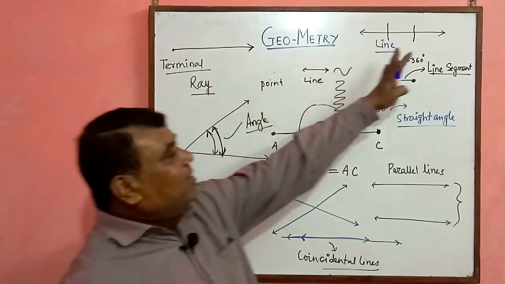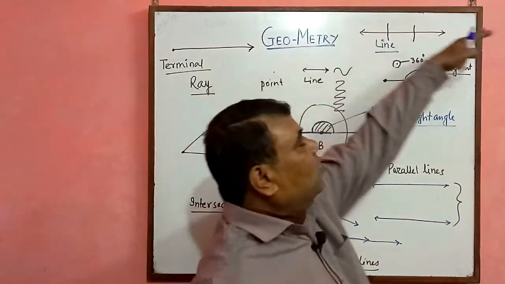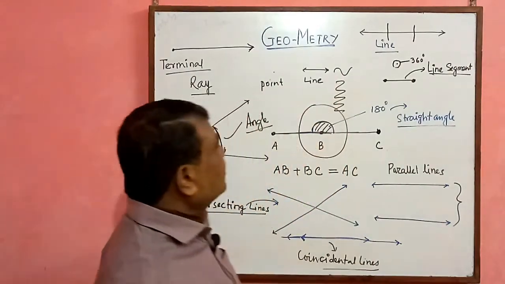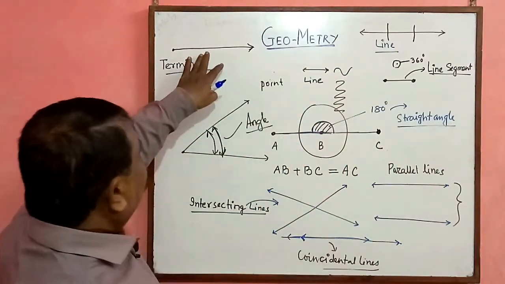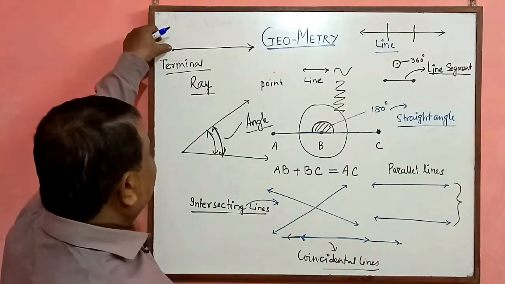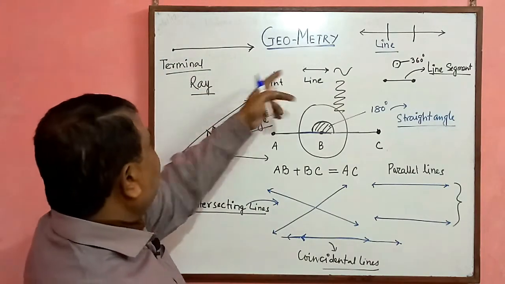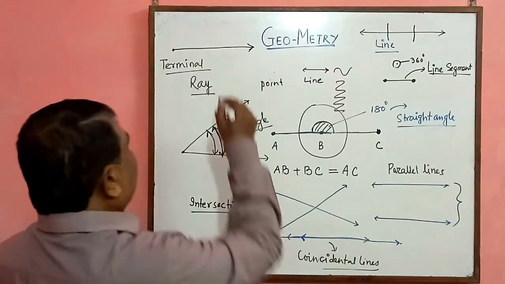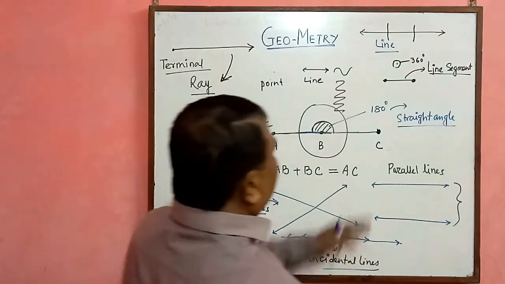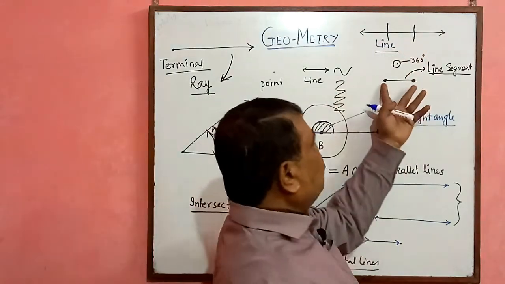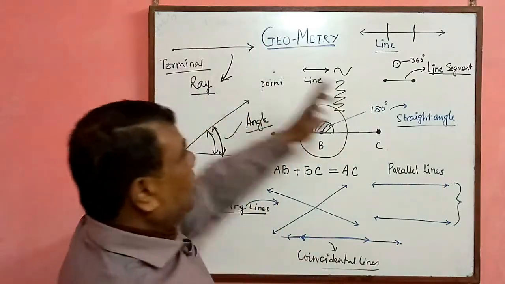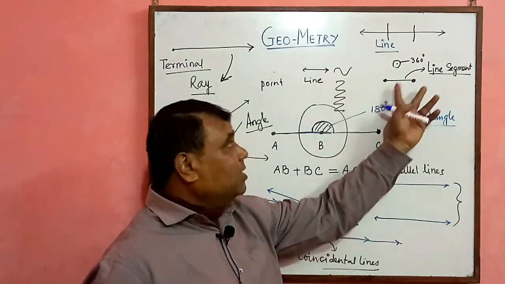One is a line that is progressing both ways up to infinity. Here it is just like an arrow having a terminal. From here it is progressing. This is known as a ray. And if I take a part of a line which has two terminals, there is a difference. Here it has one terminal, and here we have two terminals. This is a line segment.